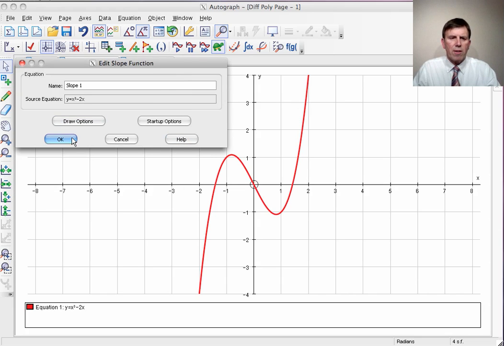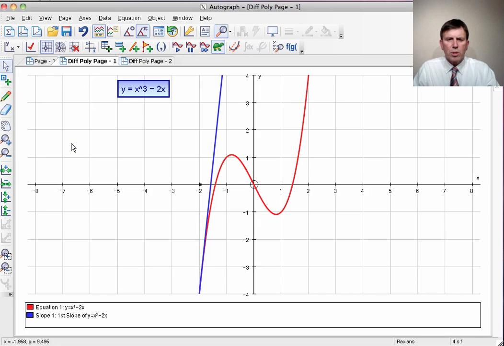Okay, ready to draw the graph. It's going to put the gradient function on, and plot the value of the gradient as the x-coordinate moves along. Now it's not quite on screen, it's too steep at the moment, but here it comes.